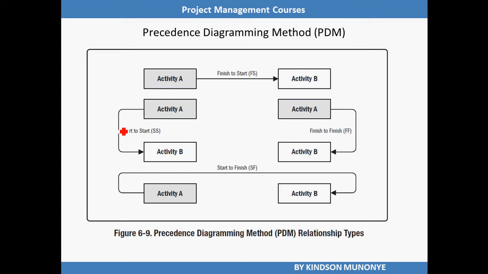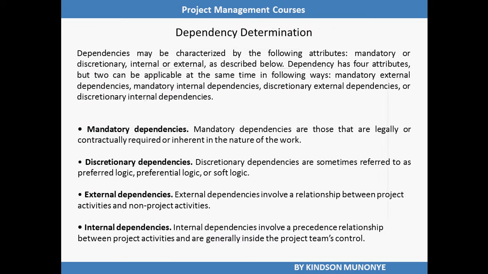So we have this arrow pointing from the start of activity A to the start of activity B. Then we have finish to finish, from the end of activity A to the end of activity B, and of course we have the start to finish. So spend some time here to get your head around this concept of precedence diagramming method.